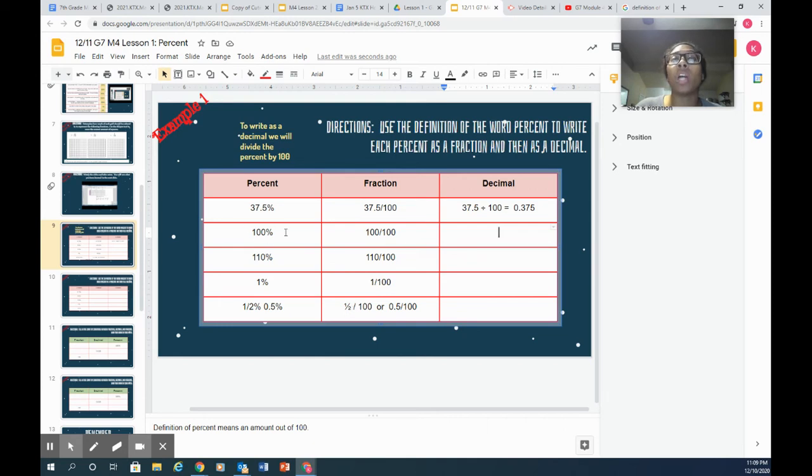Okay, so let's look at another example. Now we have 100%, and we're going to rewrite this as a decimal. Once again, we're taking that 100% and dividing it by 100. Well, that one's kind of easy because we have 100 divided by 100, and everybody knows that that's 1. But let's still entertain this idea of digits shifting.